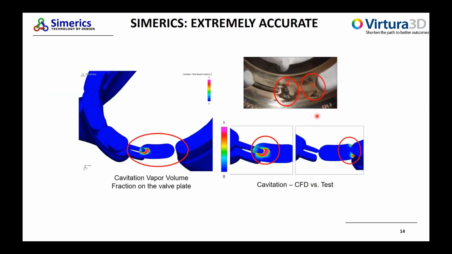In terms of accuracy, this is one case study that I wanted to quickly show: the inception of the bubble and the collapse of this bubble, for example, in this groove region near this piston pump, and what they have seen in the physical testing of the wear spots, and we were able to capture that quite accurately.